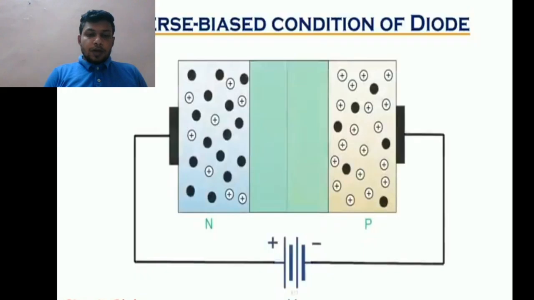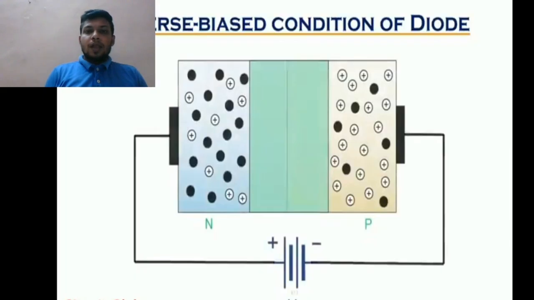As a result, the potential barrier of the device increases. In such a condition, no majority current flows. However, a small minority current flows through the circuit, which is known as reverse saturation current. It's noteworthy that after a certain reverse bias voltage, a large reverse current will flow that will permanently damage the diode.